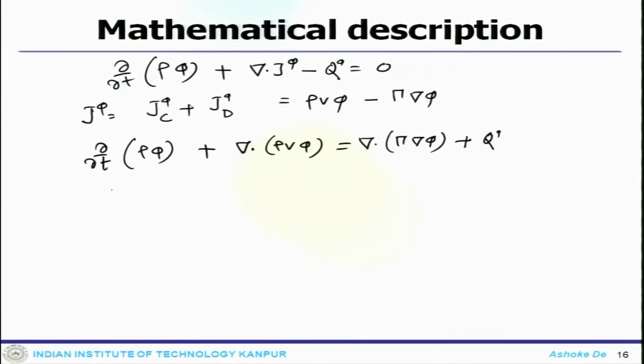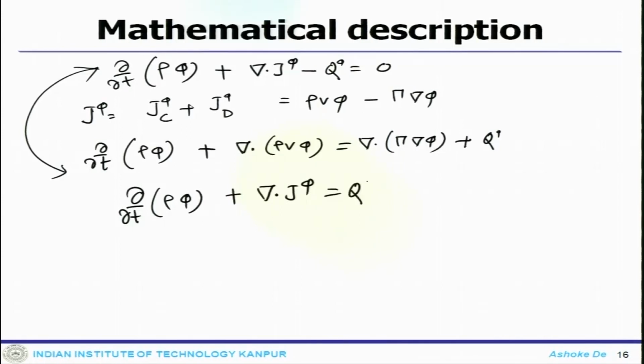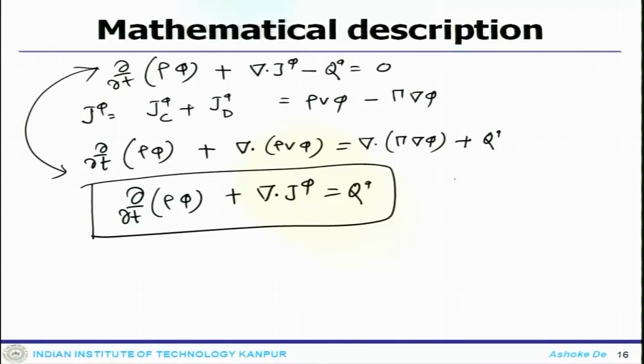In the other way around, these two equations are essentially equivalent, and I can write in a generic format like del del t of rho phi plus del dot j phi equals to source term of phi, and this j phi is the convection plus diffusion flux. So this will take care of everything in one simple form.